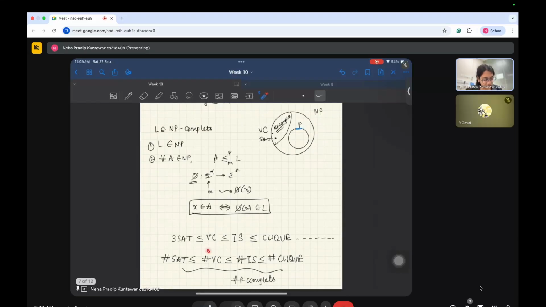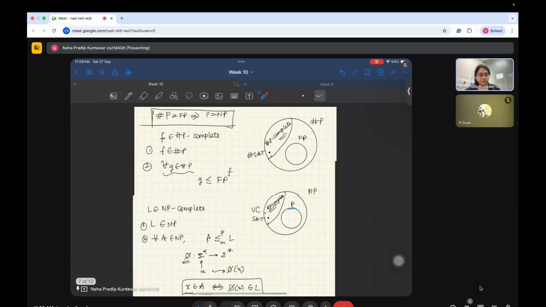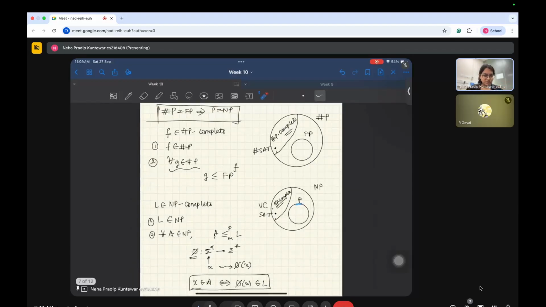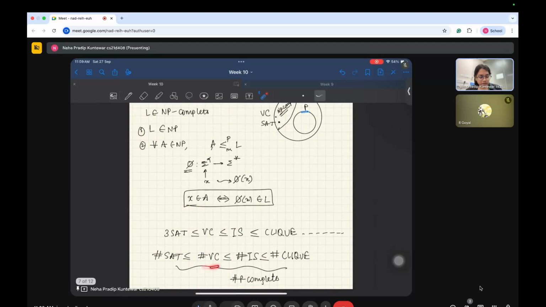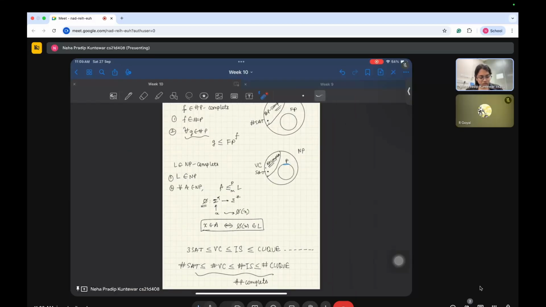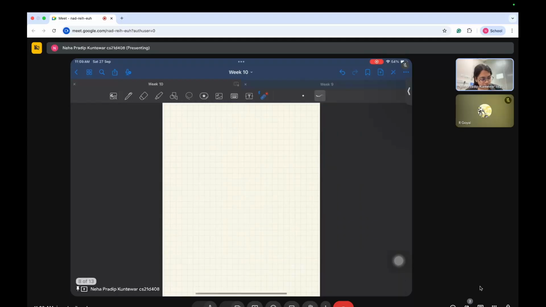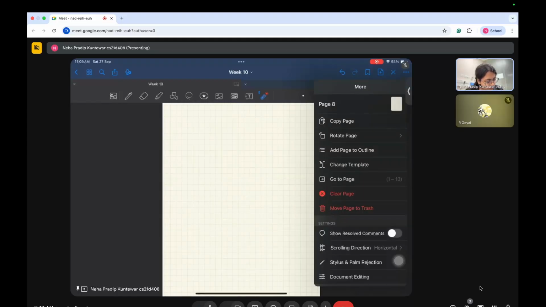Since these two reductions are easier, you can try to use the same reduction idea with respect to this notion and show that, for example, assuming that sharp vertex cover is complete, try to show that sharp independent set is complete. So, just leave it with that.